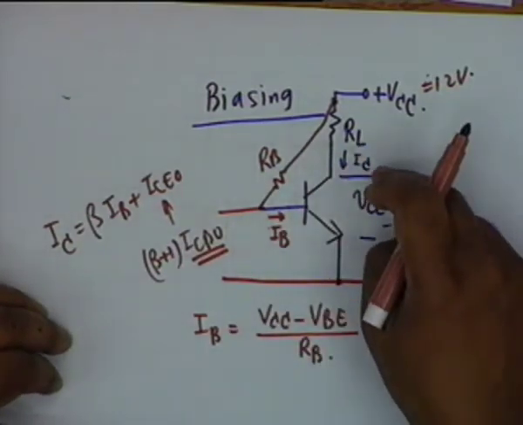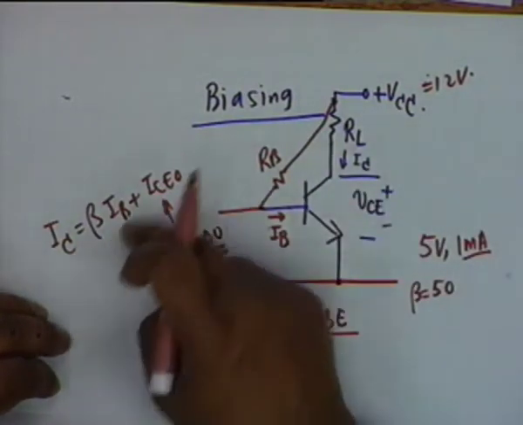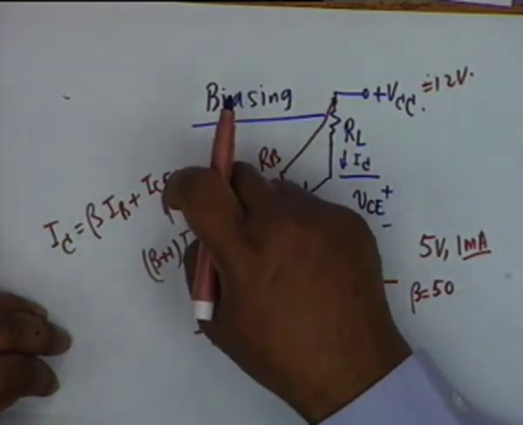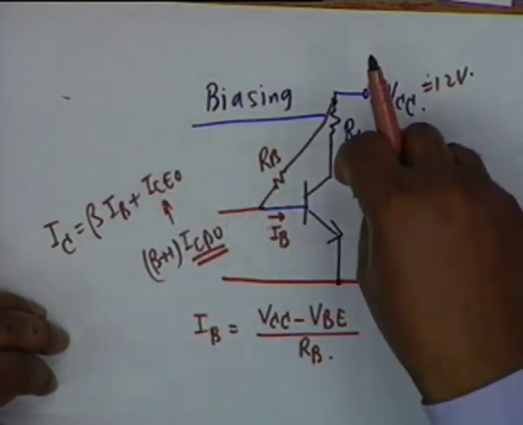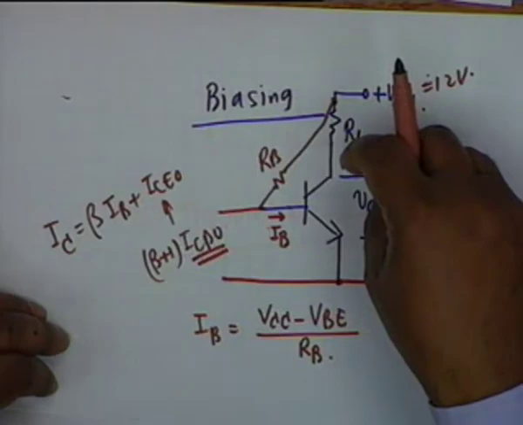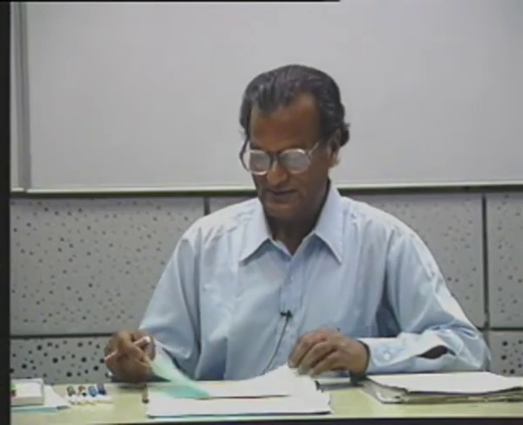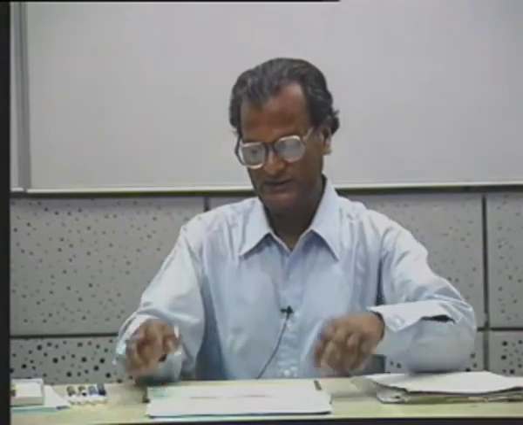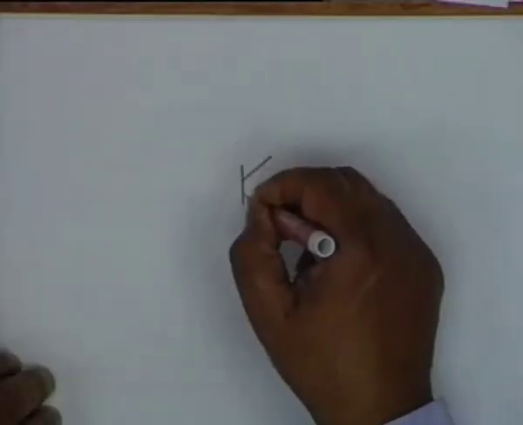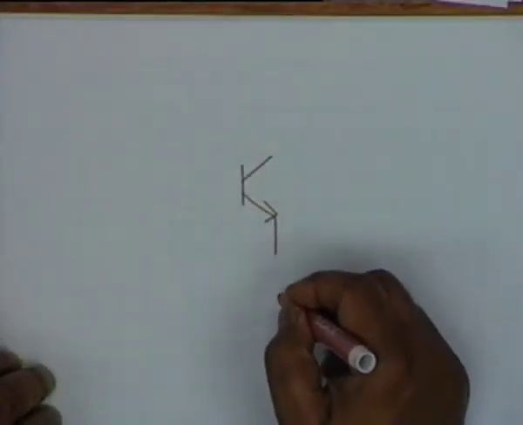The collector current is not a constant, because it varies with beta, it varies with ICEO. If I change the philosophy to maintaining a constant I sub C, let the base current adjust to get a particular value of I sub C, then this process of thermal runaway shall be arrested. And this is done by a circuit which is known as a self-bias circuit.